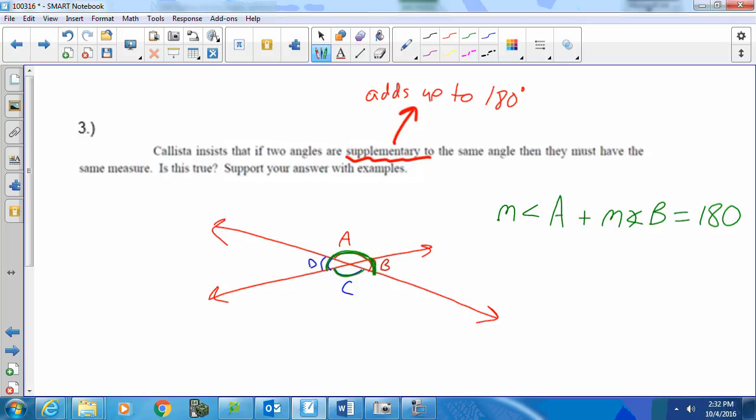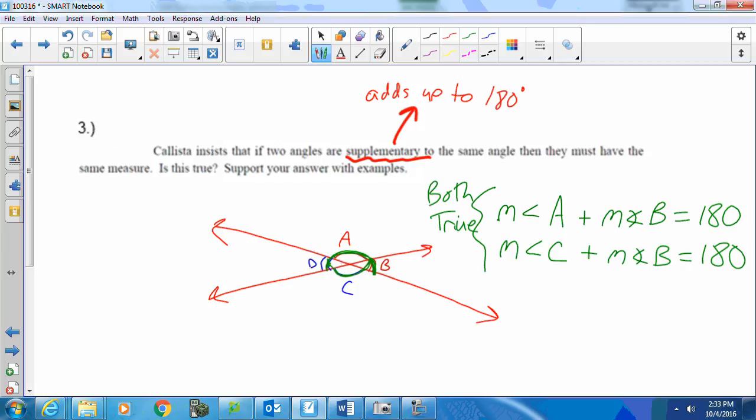So C is supplementary with B. It's also supplementary with D. So we could say that the measure of angle C plus the measure of angle B is equal to 180. Both of those are true statements. These are both true based on the diagram.